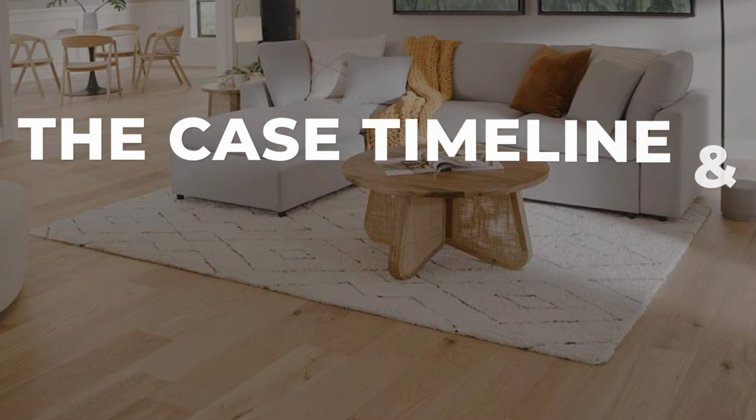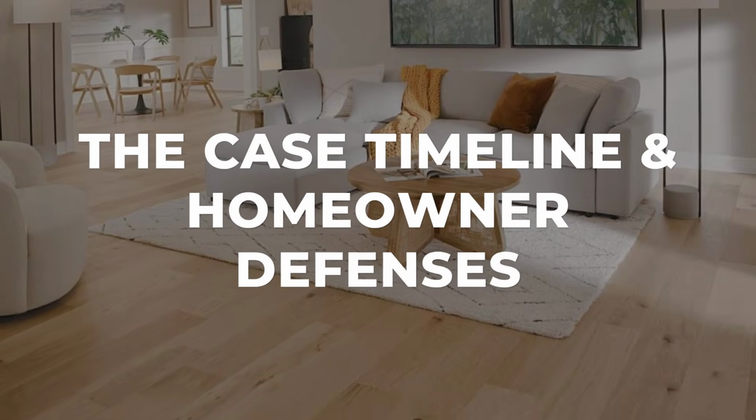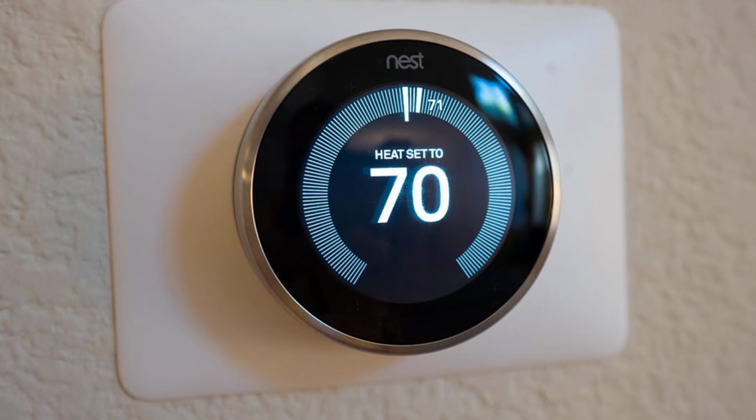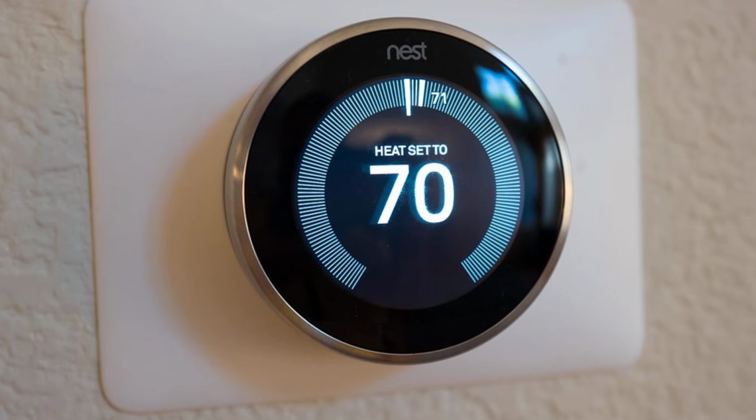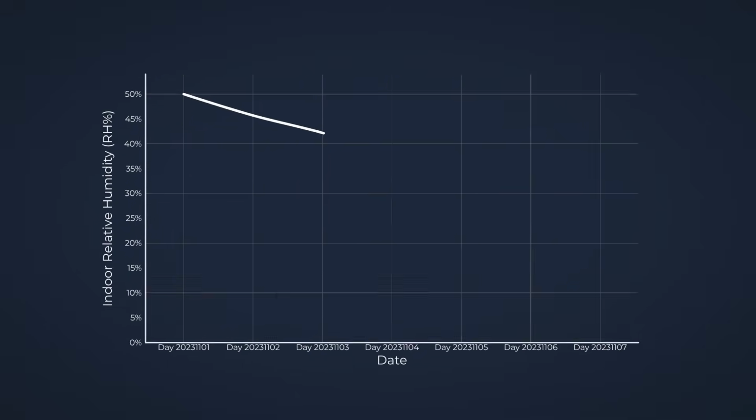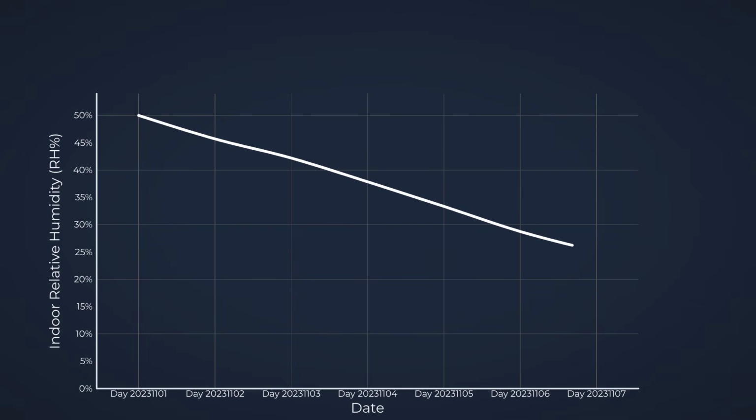The woman from the opening had her floors installed in October. October in her market, the Mid-Atlantic, is the transitional month when HVAC systems shift from cooling to heating, when indoor relative humidity drops from summer highs toward winter lows, and when subfloor moisture content is at a seasonal low after a summer of air conditioning.